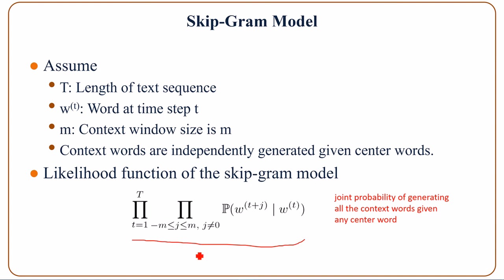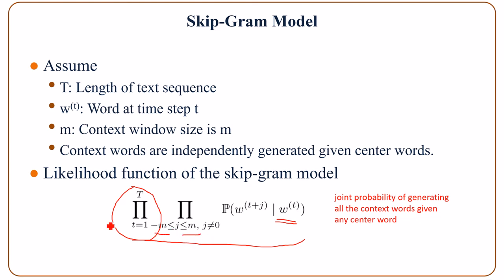So what does it mean? What it does is that it considers every word in the text sequence as a central word. And here we have the product from t equal to 1 to the length of the sequence. And for each central word, we consider the window with the size of M, which is the number of words in front and the number of words after.